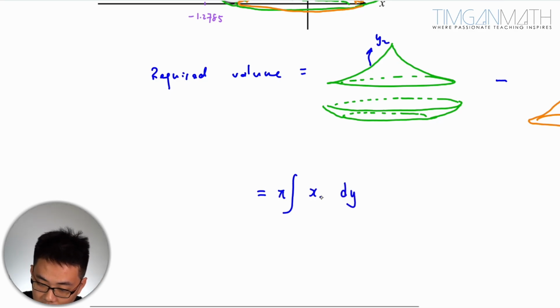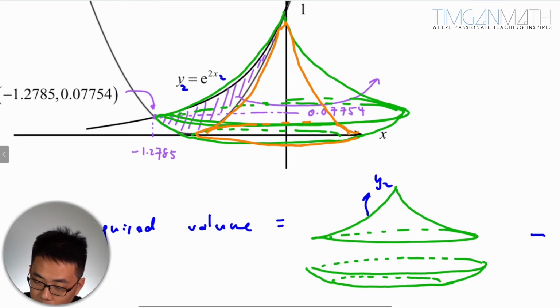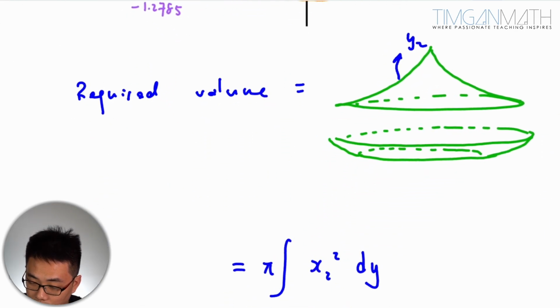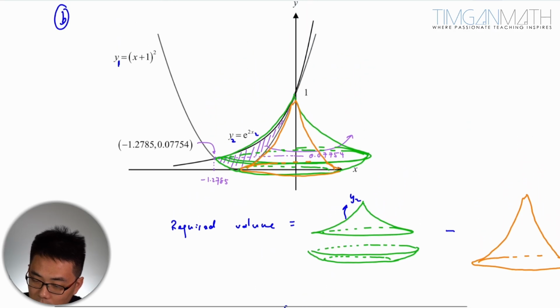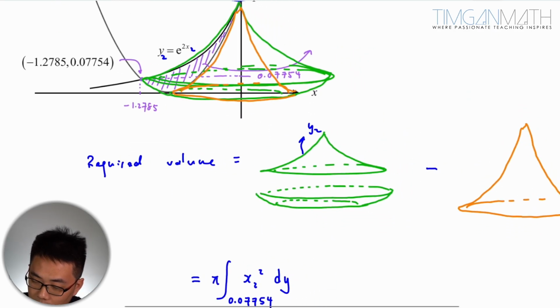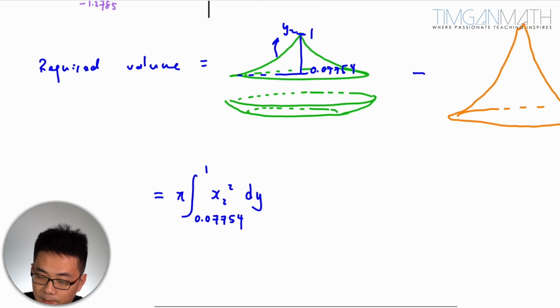So this will be x2 squared from 0.07754 to here, which is 1. Because we have this over here, this is 1, this is 0.07754. That will be 1 here. Okay, so done.